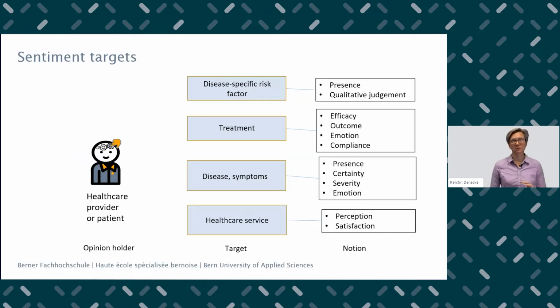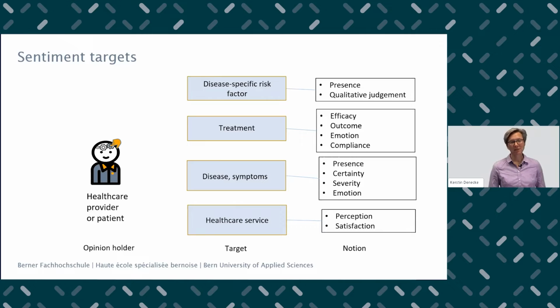For the different diseases, we have risk factors, which might be some symptoms, but also things like smoking or having increased blood pressure. We can express more or less rational sentiment about them, whether they exist or not, or whether they're good or bad.